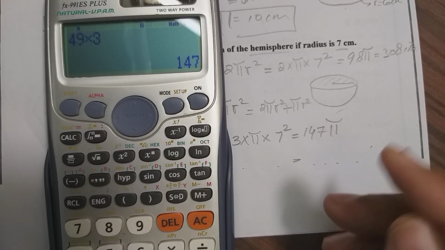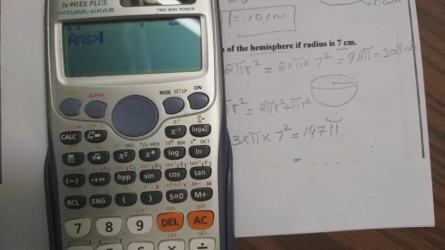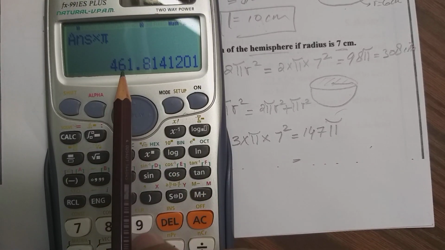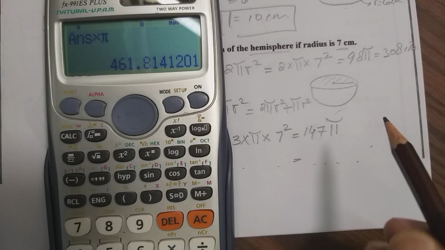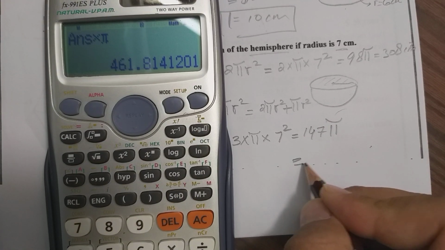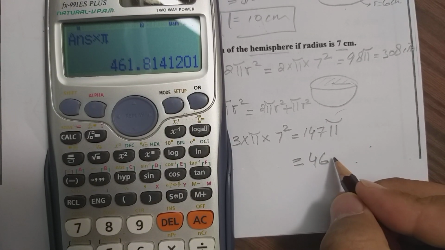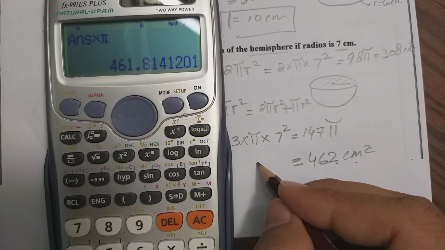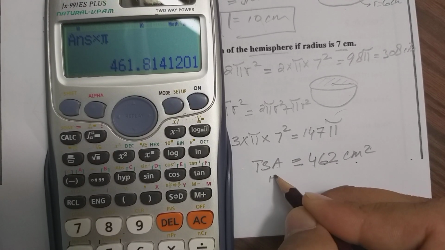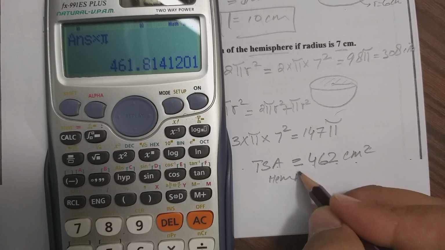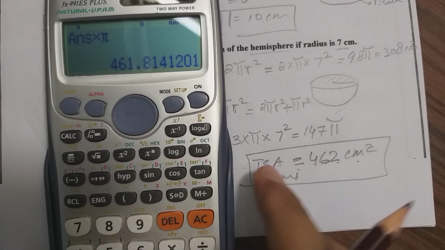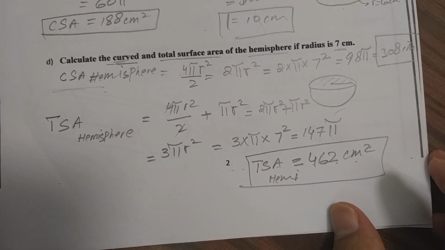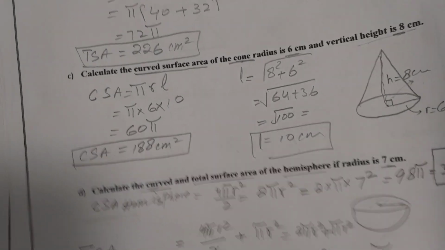Simplify, times the pi, then write in 3 significant figures. After 1 there is 8, so you can write it as 462 centimeter square. So this is the total surface area of the hemisphere. This is the curved area of the hemisphere, and the other one is the total.